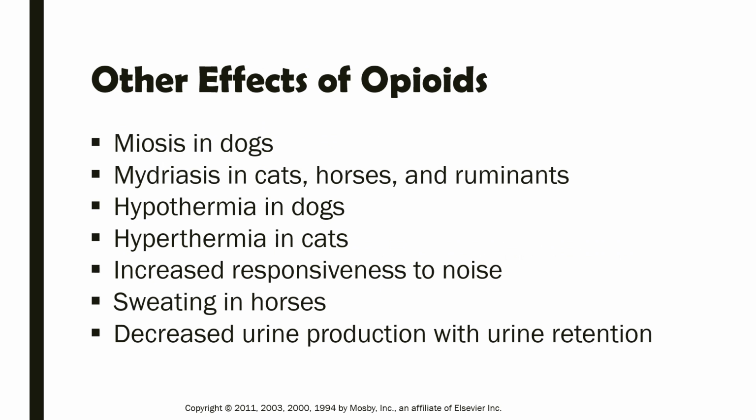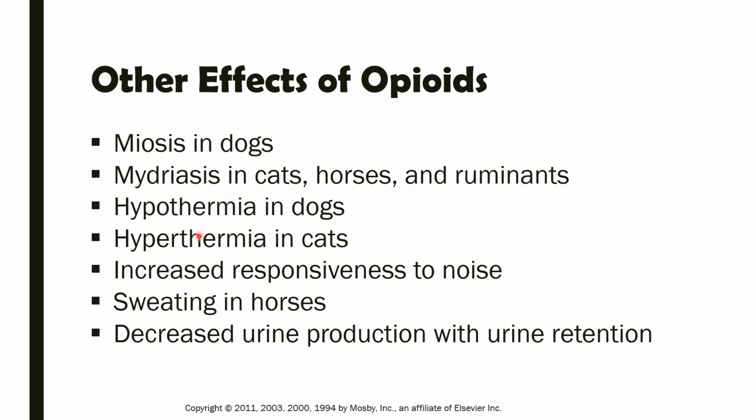These are the other effects of opioids on different animals. For dogs, it can cause miosis, while for cats, horses, and ruminants, it can cause mydriasis. Opioids have a varying effect on the body temperature of the patient depending on the species. This is exemplified by hydromorphone, the most commonly used pure mu agonist, which causes hypothermia in dogs.